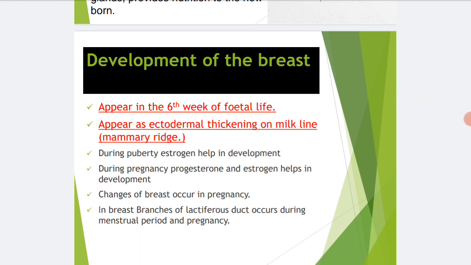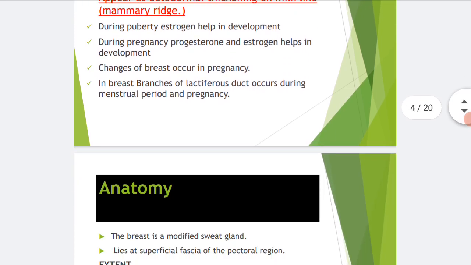Changes in breast size occur in pregnancy, and branching of lactiferous ducts occurs during the menstrual period and pregnancy. The size of the breast depends upon the accumulation of fat in the breast tissues.